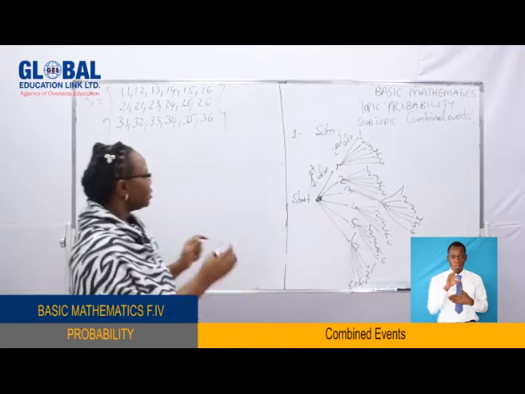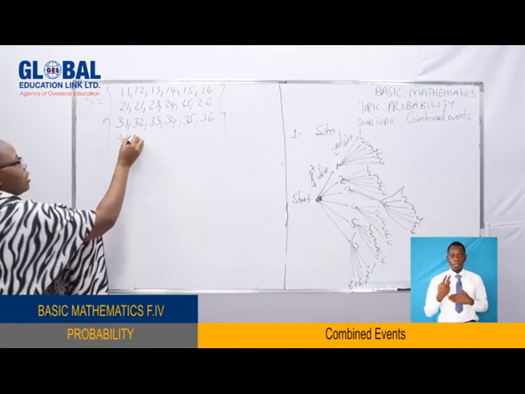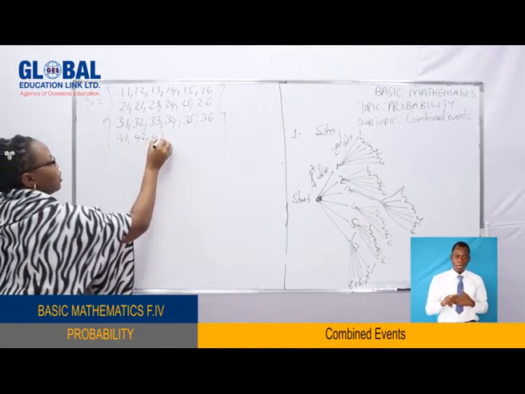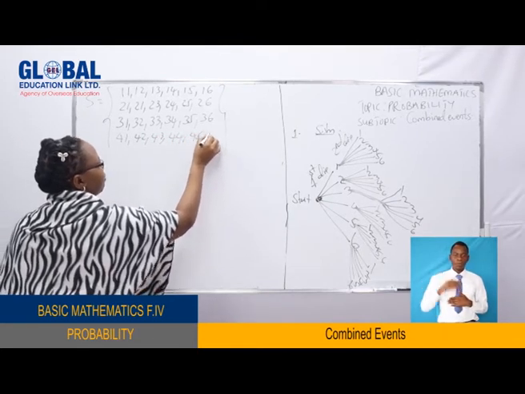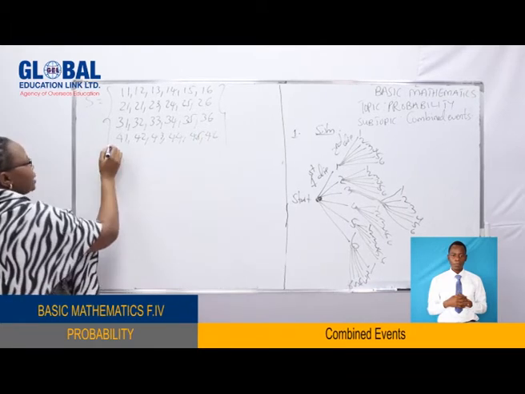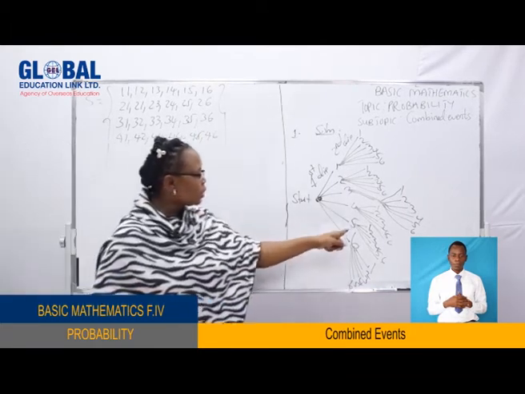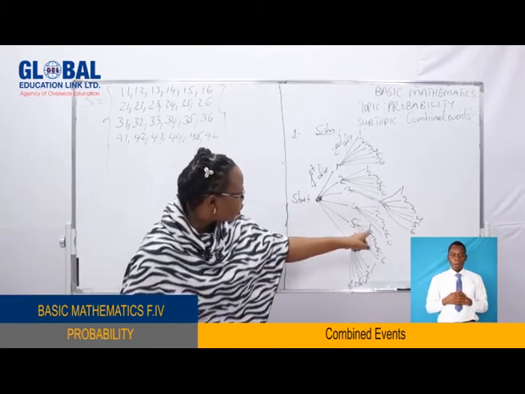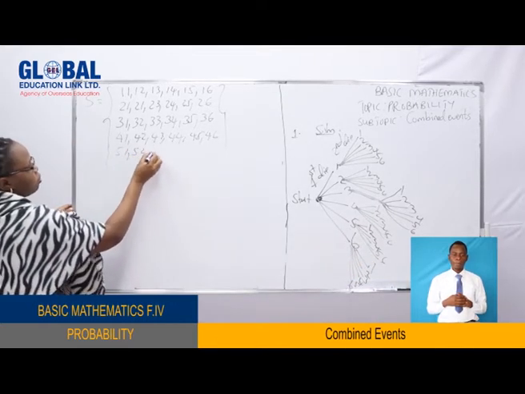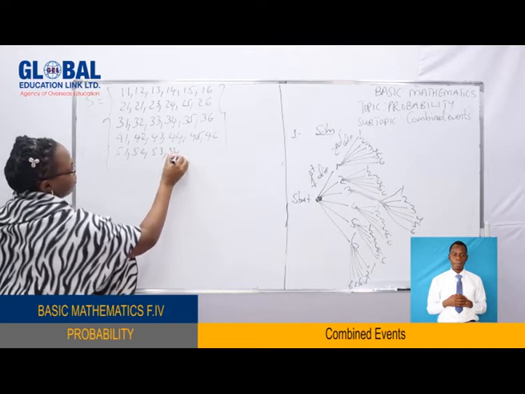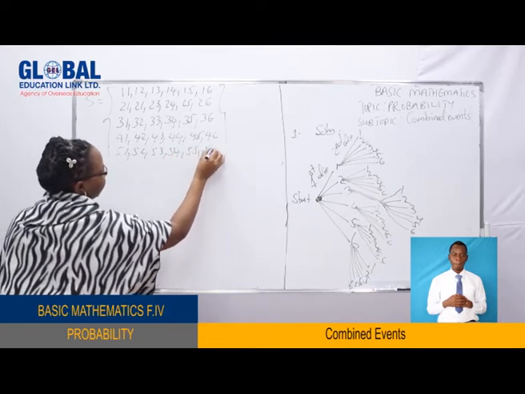When it is 4, it will be 4,1; 4,2; 4,3; 4,4; 4,5; and 4,6. When the first die shows 5, the second die will show all these options. That is 5,1; 5,2; 5,3; 5,4; 5,5; 5,6.